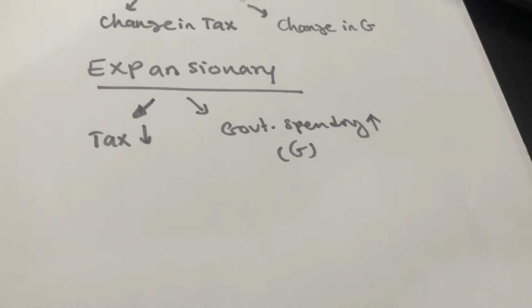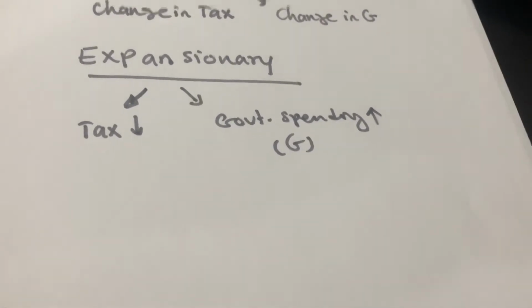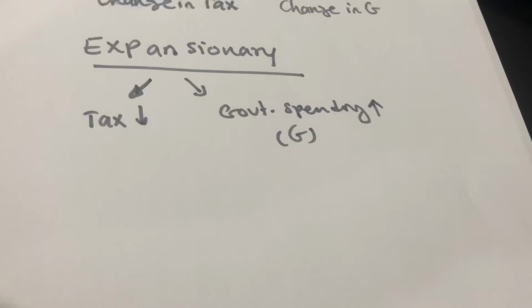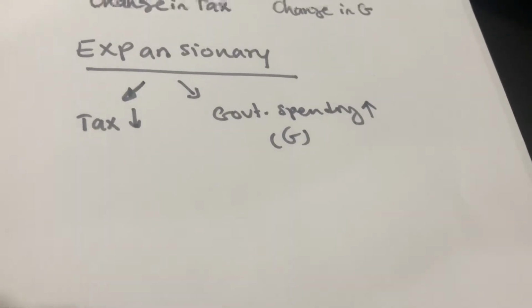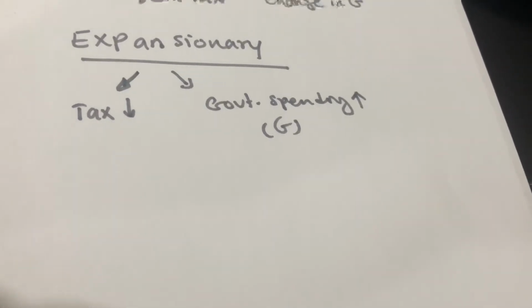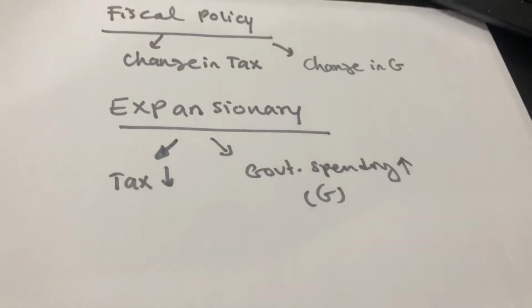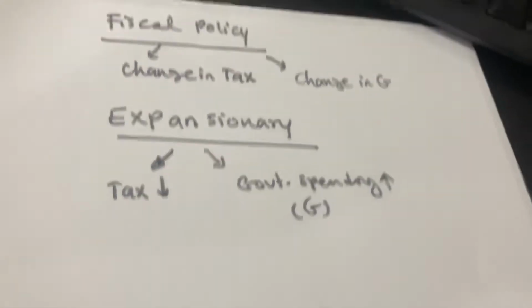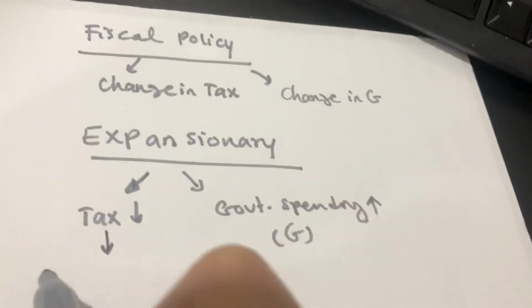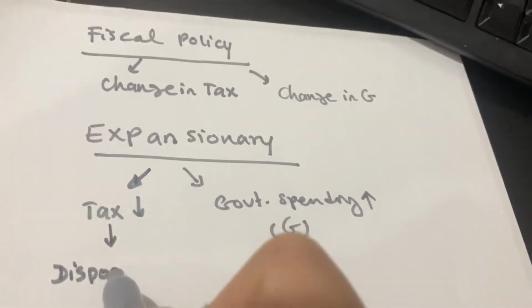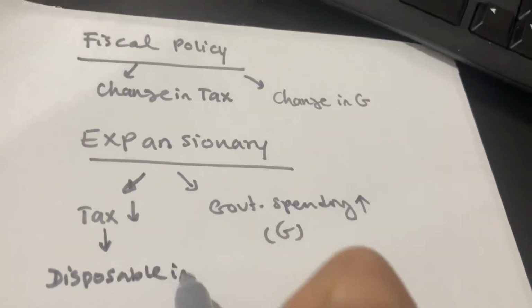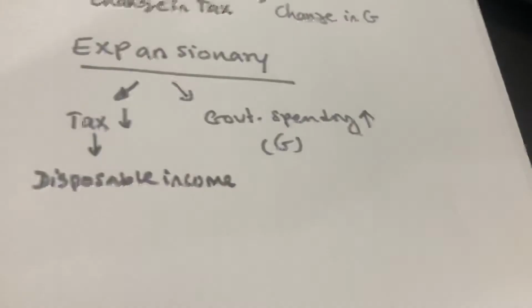And we know from our previous chapters that every time there is an increase in G, the aggregate demand will go up directly. And whenever we have a tax cut, remember that the tax cut will change our disposable income, which is our income after tax.